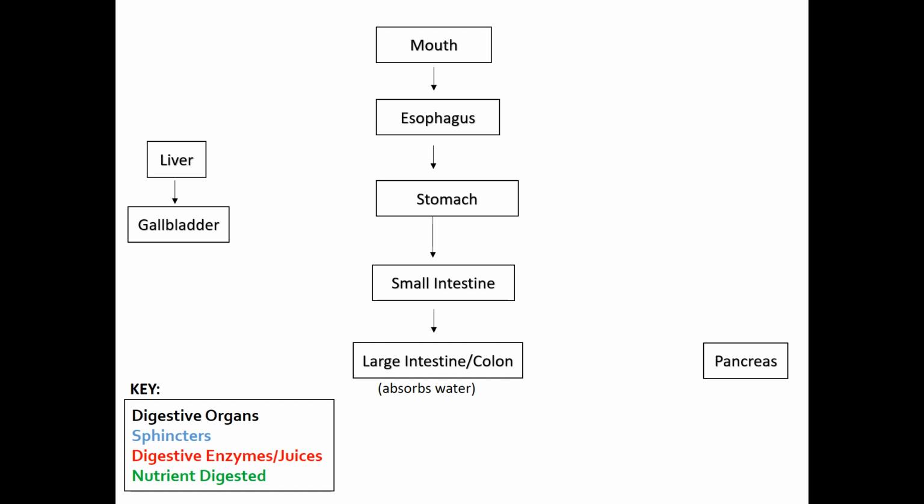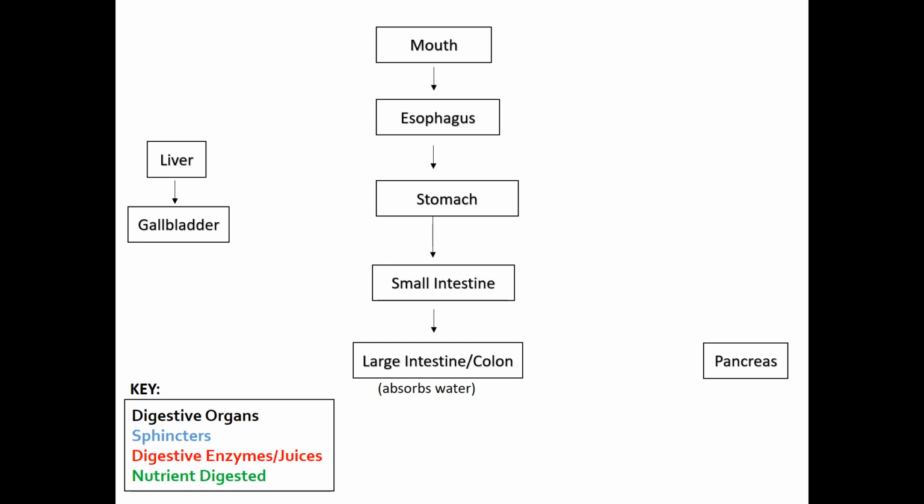So everything that is in black is going to be a digestive organ. So you have the pathway going down the middle, mouth to esophagus, to stomach, to small intestine, and then to your large intestine.